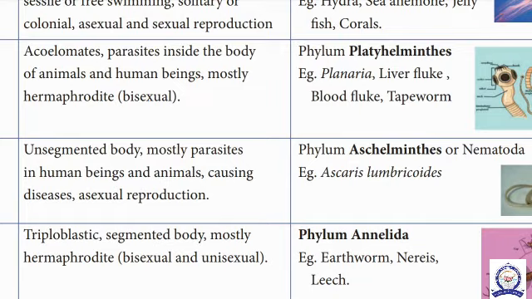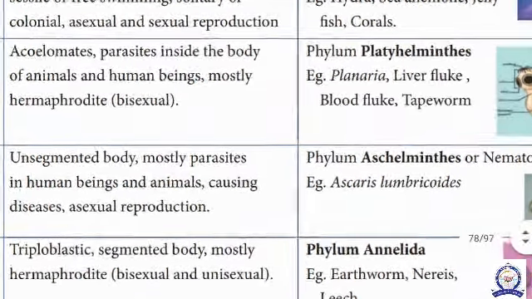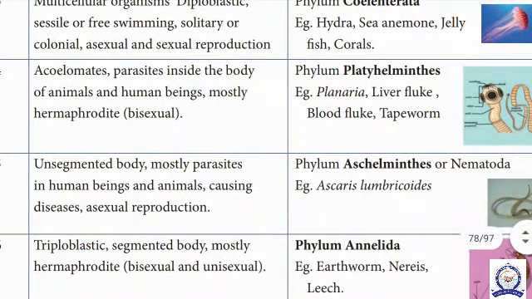Then acoelomate: this group of organisms is acoelomate. Acoelomate means absence of a coelomic cavity. These organisms do not have a coelomic cavity or a body wall or digestive tract.